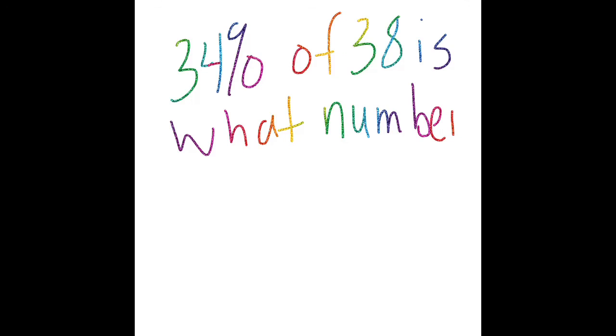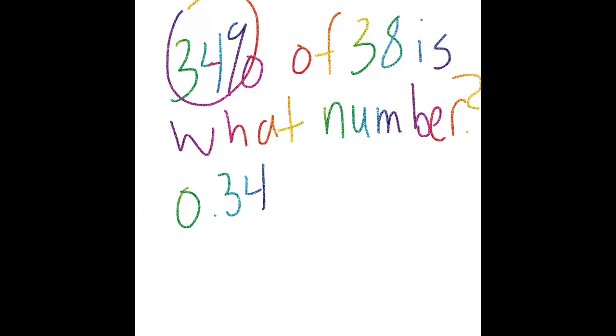All right, next lesson was lesson 5, finding the percentage. So this is where we have 34%. They really like 34, don't they? 34% of 38 is what number? So we have 0.34, this one, times this right here, 38.